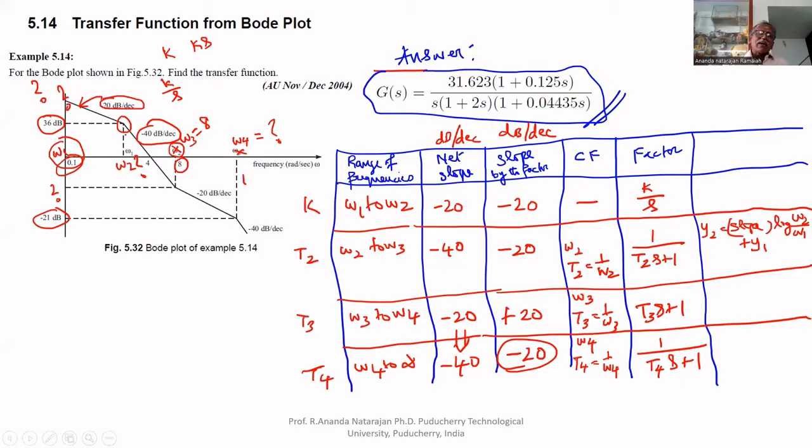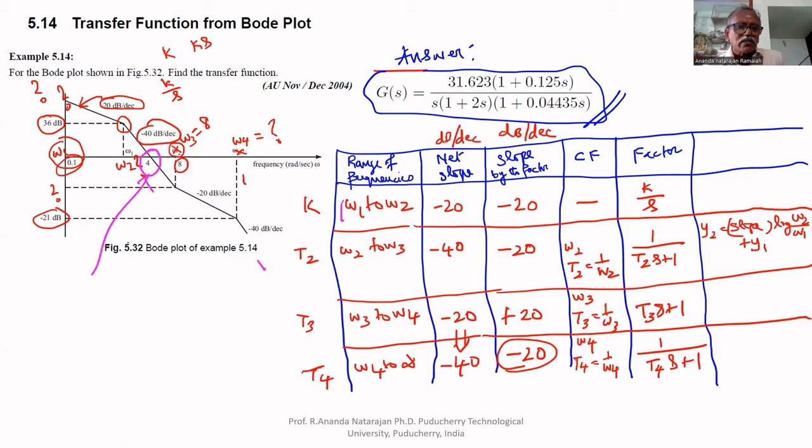Therefore, we have one straight line but two unknowns, and that's why we cannot use that. But here, one more point is given. See the diagram: the frequency is given as 4. At that point, what is the magnitude?